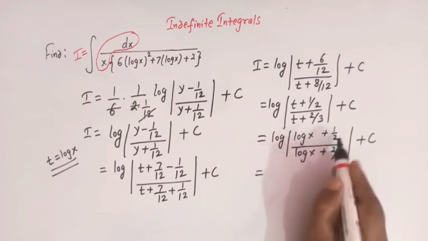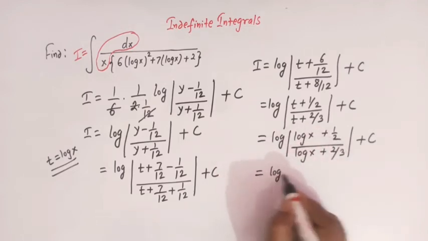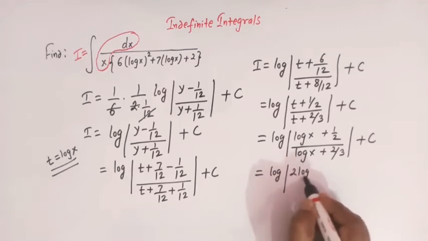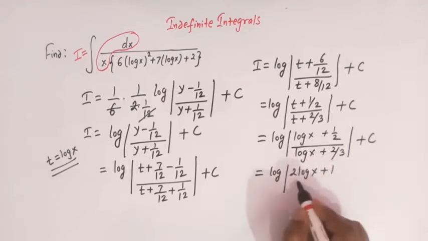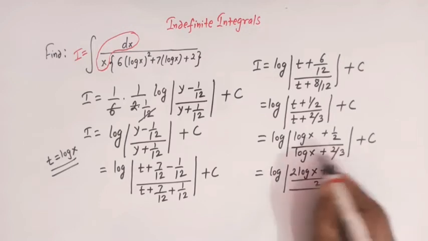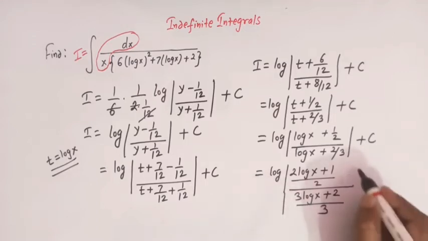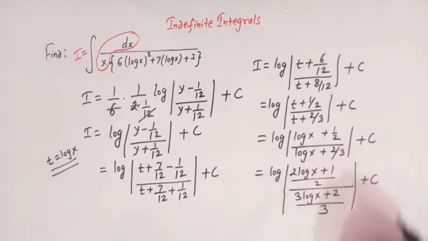And now we can simplify it. So we have log, and here we have 2 log x plus 1 over 2, and here we have 3 log x plus 2 over 3, right? And here we have the constant of integration.